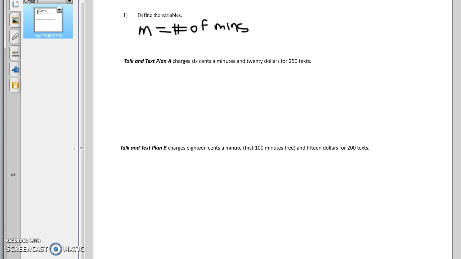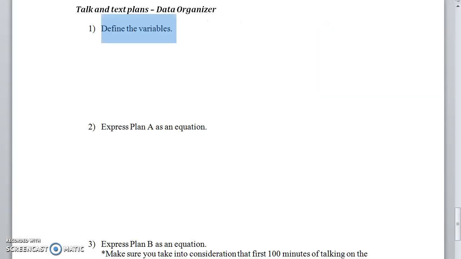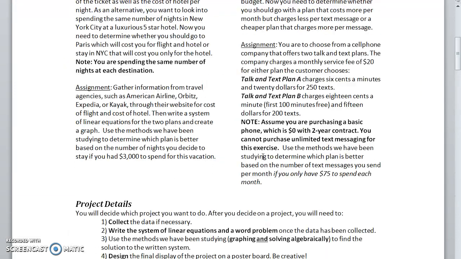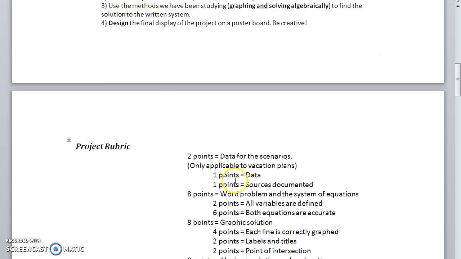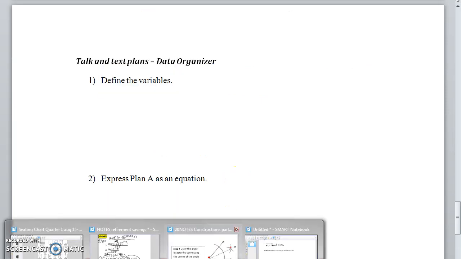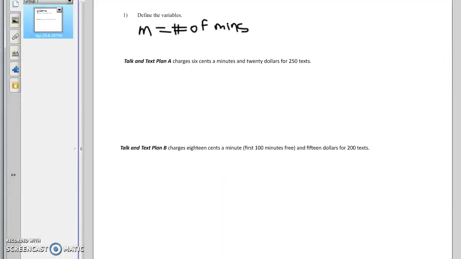It says express plan A as an equation. I may have jumped a little bit ahead, but if you guys look here in the notes, it says you basically have $75 to spend. If you guys read in here, it's better to base on the number of text messages you send per month if you only have $75 to spend each month. So we're going to set this up, spending $75.